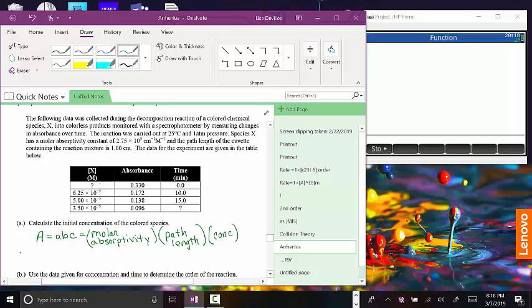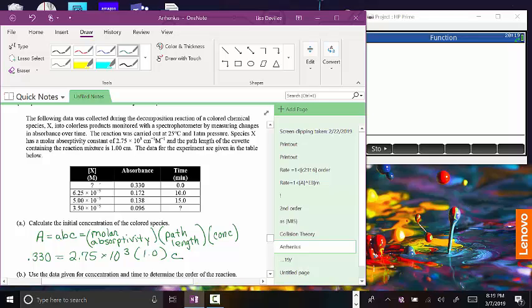We're going to use that equation to answer this question because we have the absorbance, the molar absorptivity and our path length in the text, and then we're solving for our concentration.